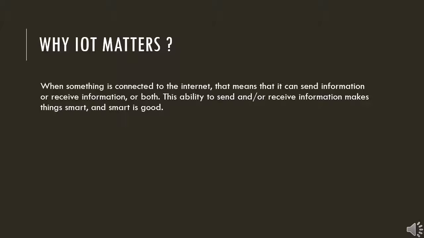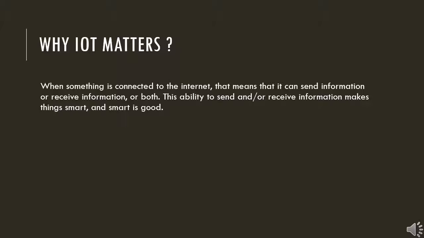But your phone can send information asking for that song and then receive information that streams that song on your phone. To be smart, a thing doesn't need to have super storage or a supercomputer inside of it. All the thing has to do is connect to super storage or to a supercomputer.